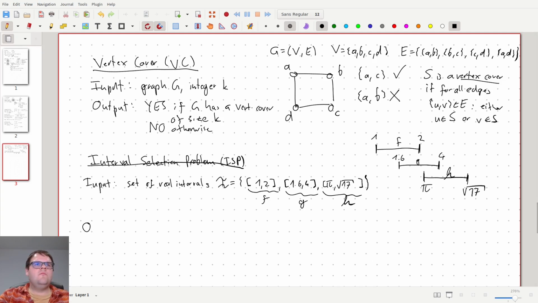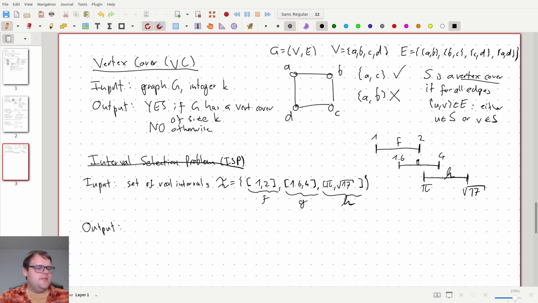And then what's the problem going to be? What are we going to do with these intervals? So yeah, this is a bit different. We're no longer doing decision problems, yes or no questions. Now we're doing optimization problems. So we're trying to find the best of something, like the maximum or the minimum.